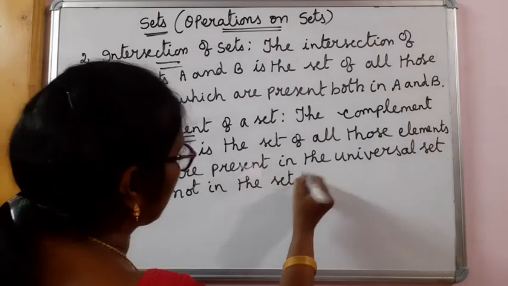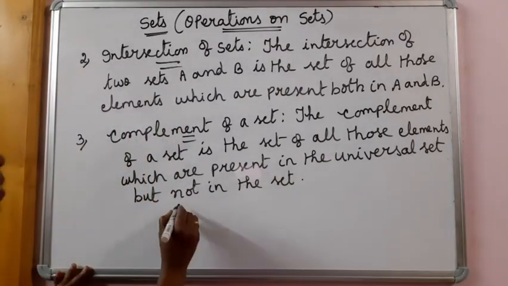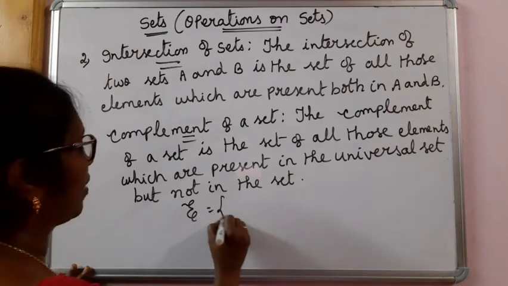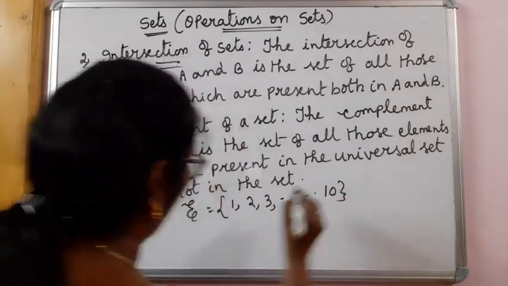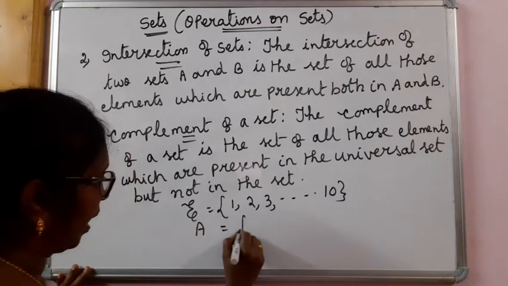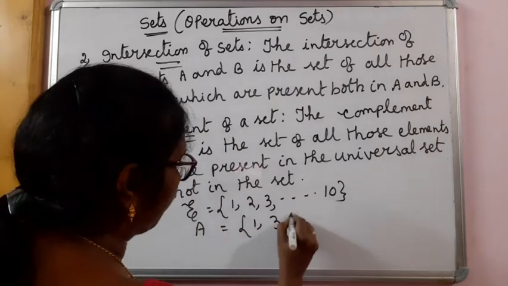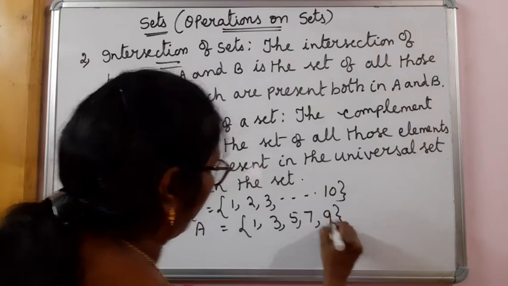Suppose the universal set has the elements 1 to 10, and set A has 1, 3, 5, 7, 9.